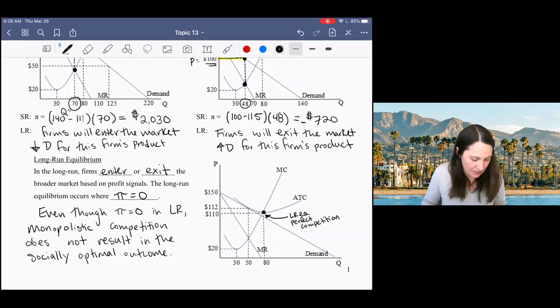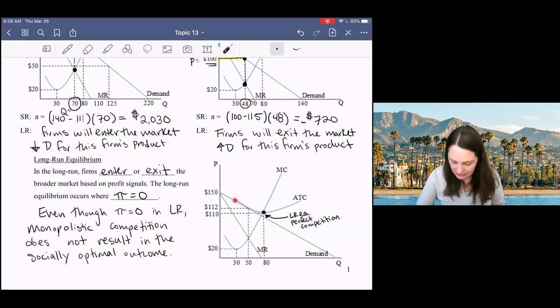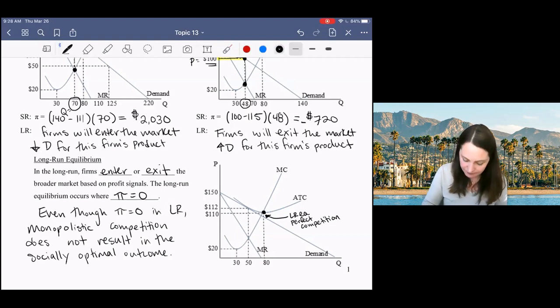All right. Now, monopolistic competition is going to be a little bit different because what's going to happen is that demand is going to shift out or in, depending on what short-term profits are, until we reach a point where the firm is setting marginal revenue equal to marginal cost, behaving like a monopoly, but we still get to a zero profit point. And we can see that in this picture.